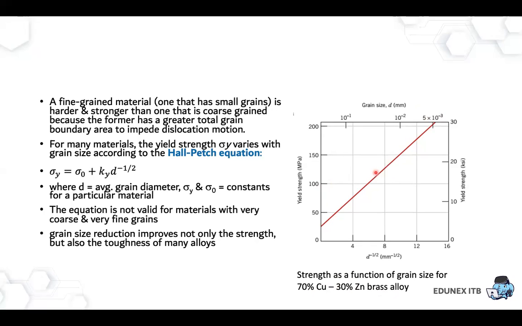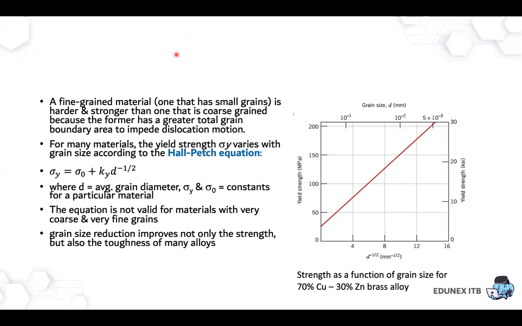Okay, so here the yield strength starts at around 50, at a very large grain size, about 0.5 something.